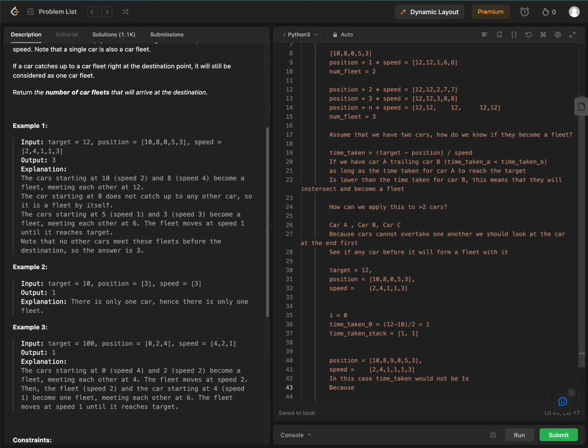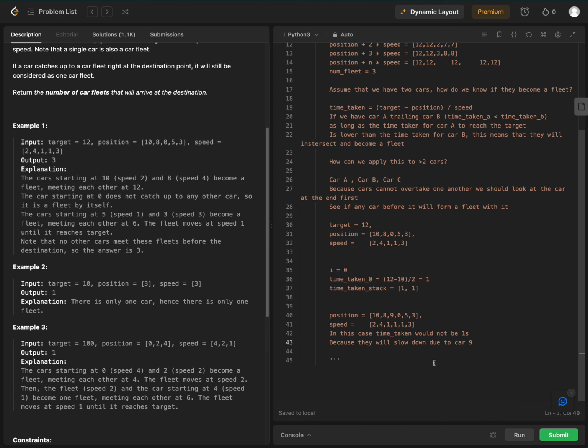Because they will slow down due to the car at position 9. This guy would hit car 9, and this car would also hit car 9.